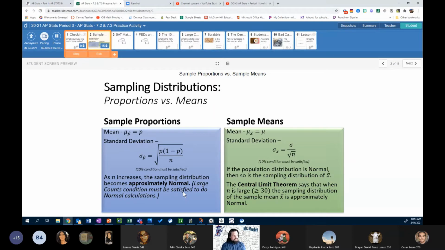It says that if the number of successes and the number of failures are both at least 10, then the large counts condition is satisfied and our sampling distribution is approximately normal. We do that by checking n times p, and n times 1 minus p.